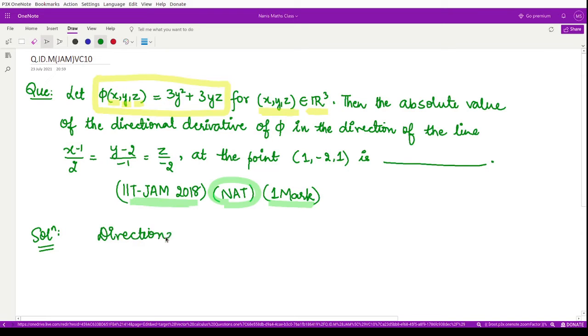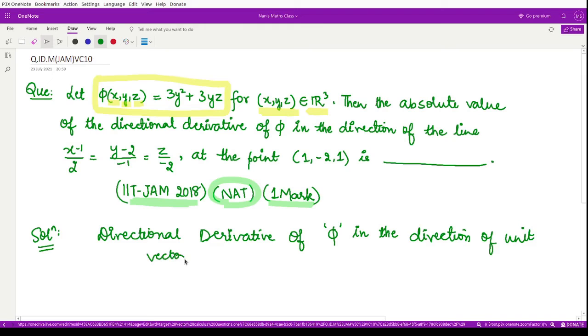The directional derivative of some function, say phi, in the direction of a unit vector, which I'm calling u cap, at the point P. In the calculation of directional derivative we require three things: one is the function itself, another is the unit vector, and third is the given point.